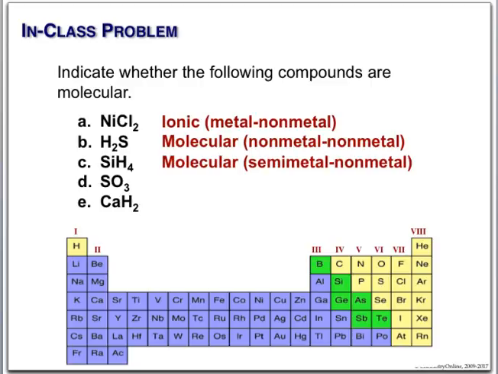Oxygen, nonmetal. It is molecular. If you take sulfur trioxide and water vapor, that's how you make sulfuric acid. Sulfuric acid is H2SO4. Water is H2 and an O, and that's SO3. Put them together, you get H2SO4.